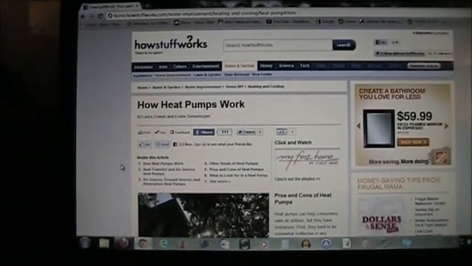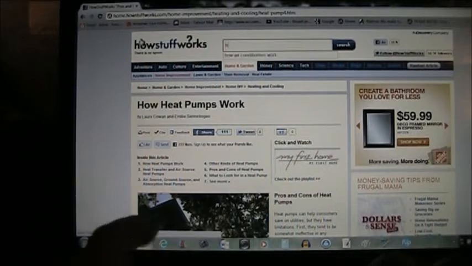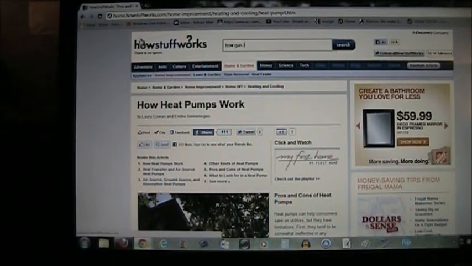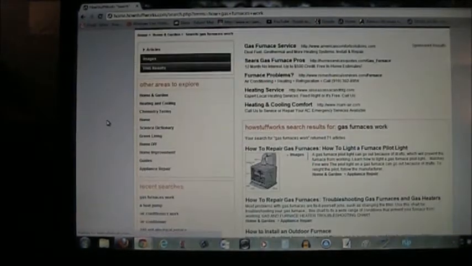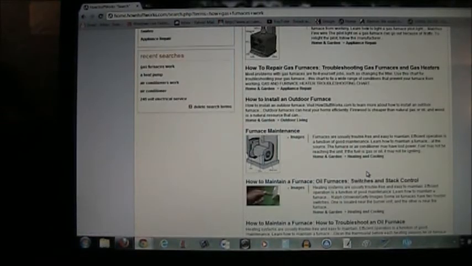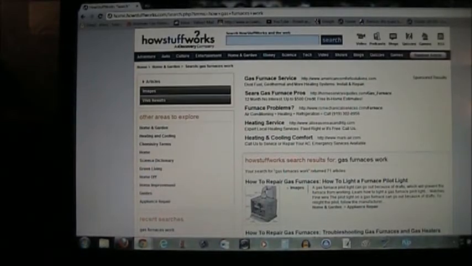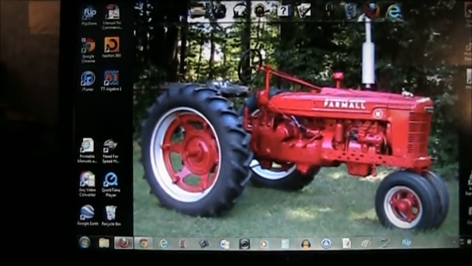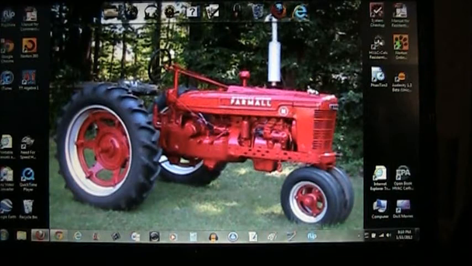But yeah, that is how an air conditioner and a heat pump works. Let's see if we can find how gas furnaces work. You should know how gas furnaces work. I mean, it's pretty basic. It's just like maintenance and stuff. But that is how heat pumps work and how an air conditioning system works.